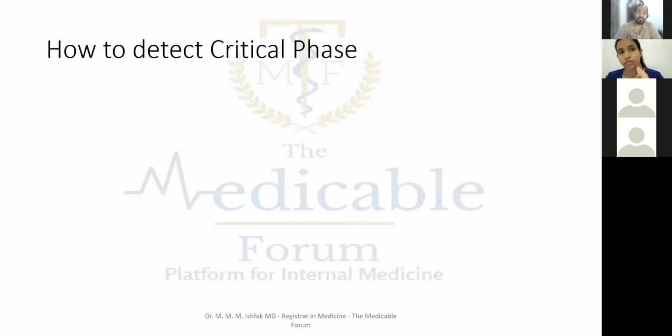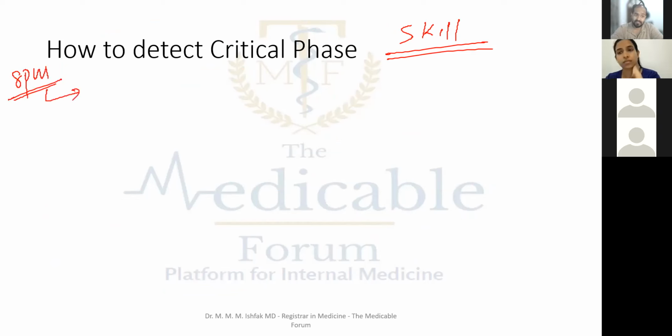Now, how to detect critical phase? That is an important skill. This is the skill HOs should have, because you will be the people in the ward during the night. Let's say you are doing the night rounds at 8 p.m. and you miss this patient who is in critical phase.